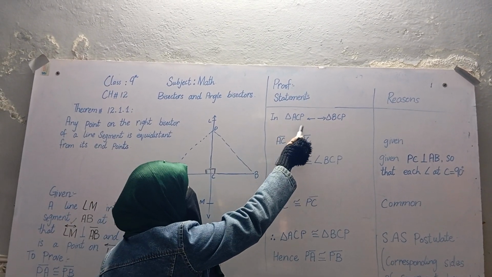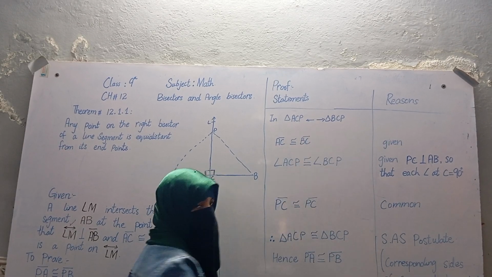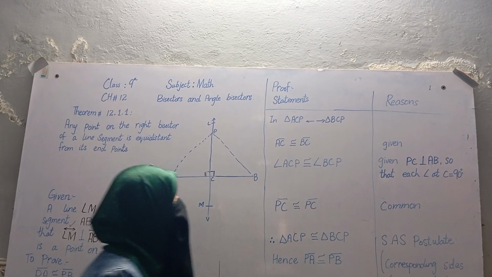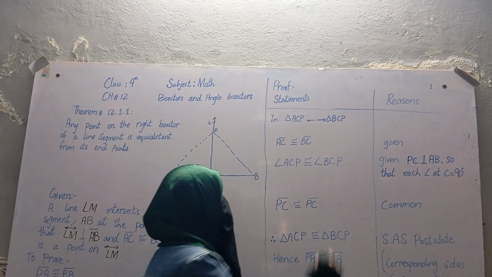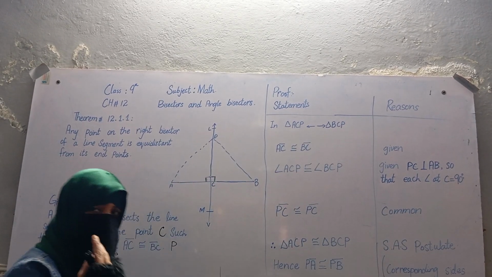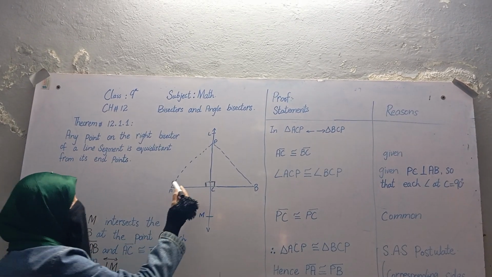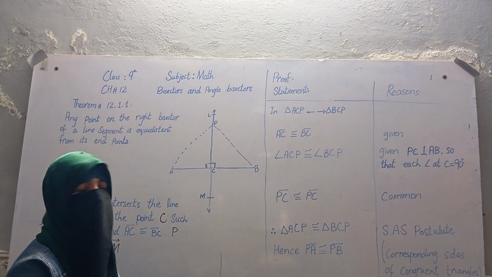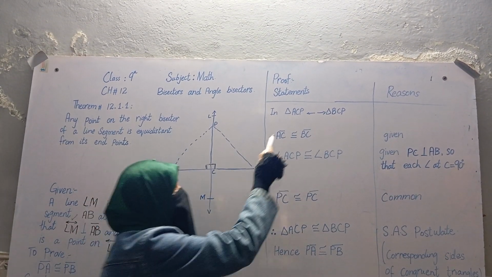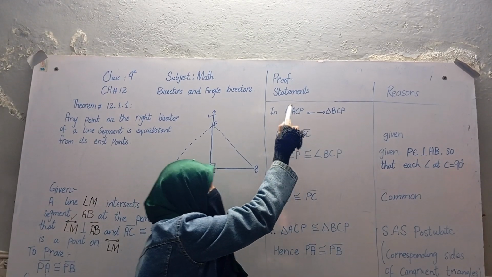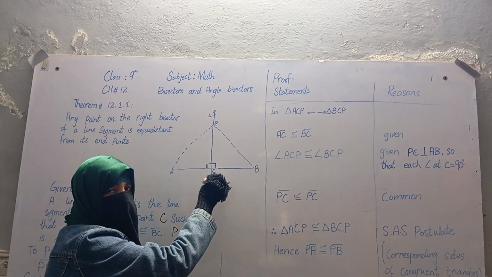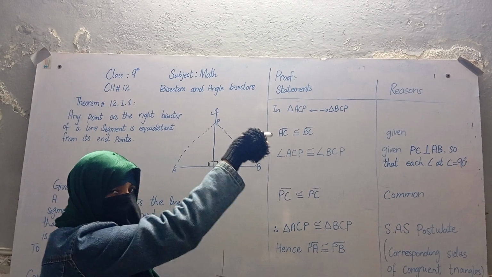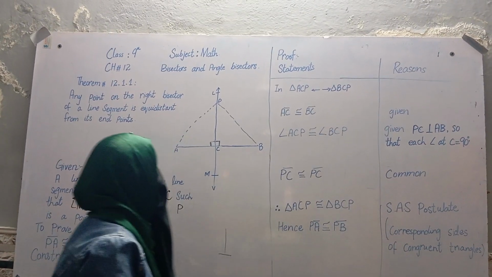Triangle ACP, with some space between, and triangle BCP. They are the two triangles. You can see A, C and B. The point C lies on the line, so C comes in between.